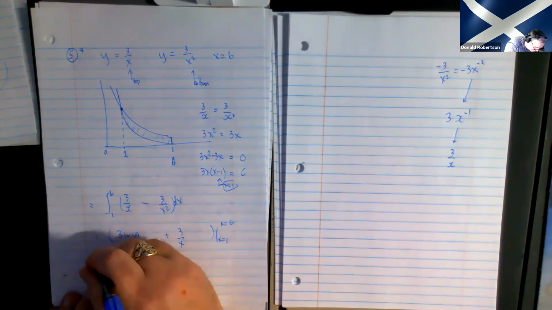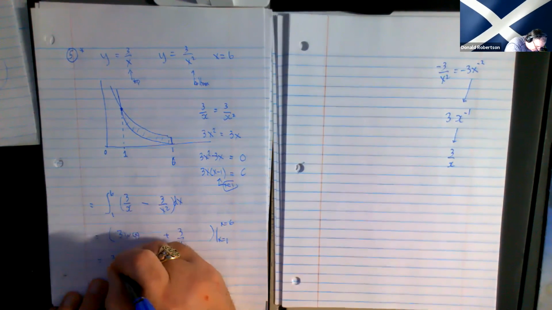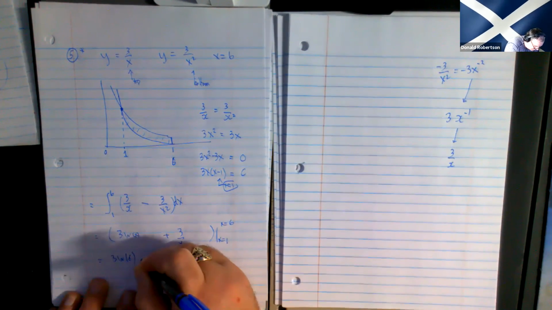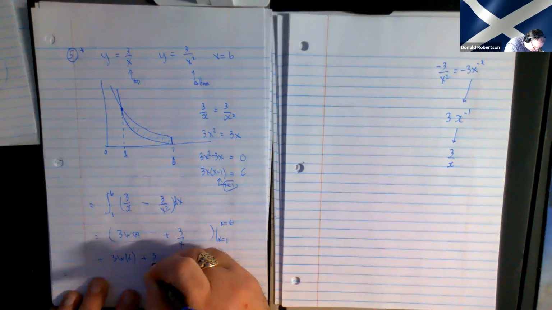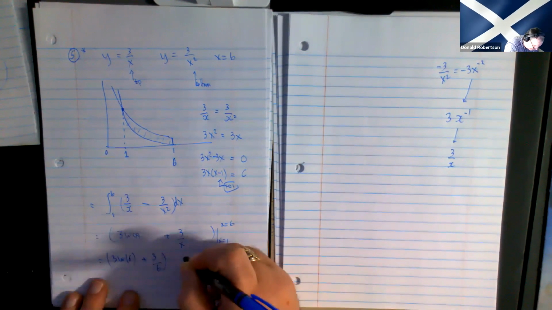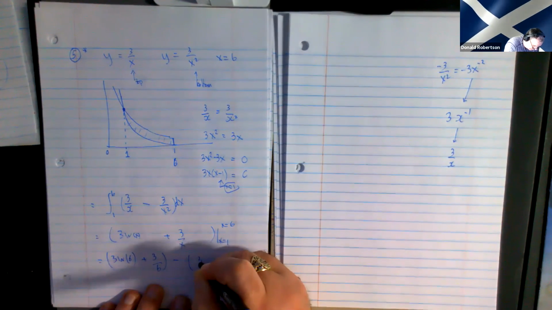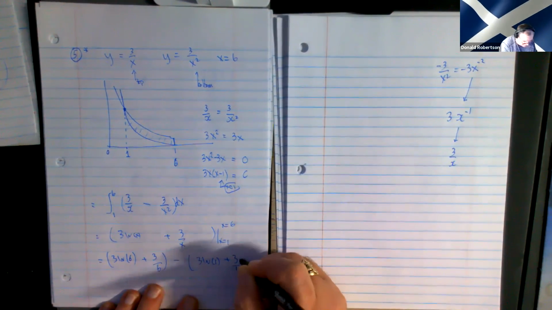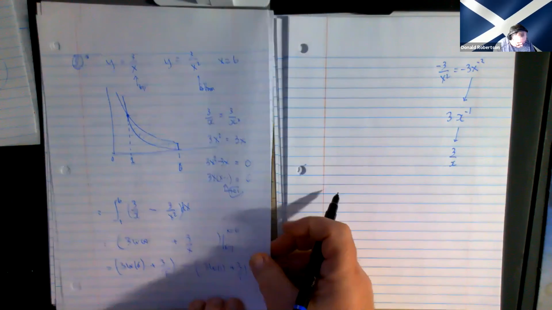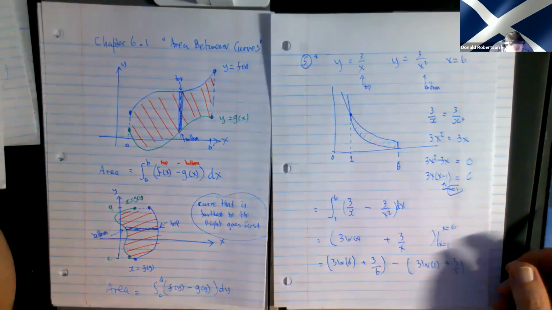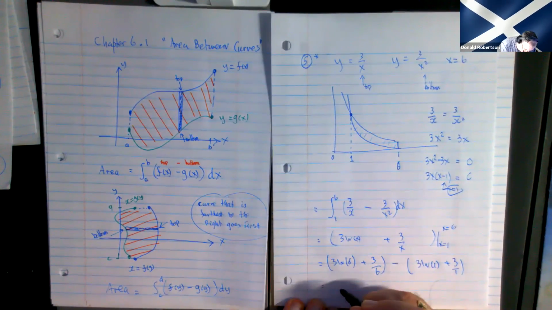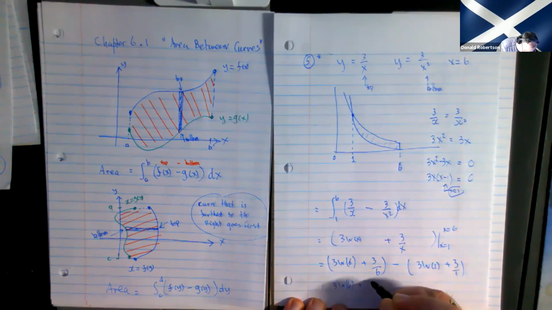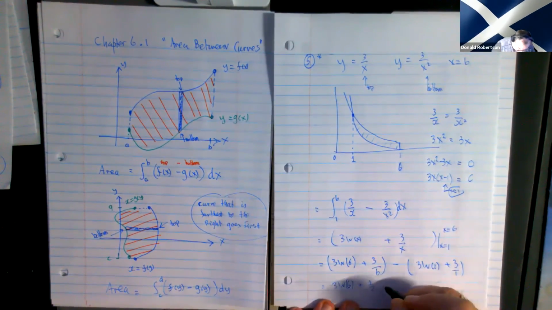Well, we're almost finished. Take it the full step. So 3 natural log of 6 plus 3 over 6. Take away 3 natural log of 1 plus 3 over 1. Three natural log of 6, add a half, take away.